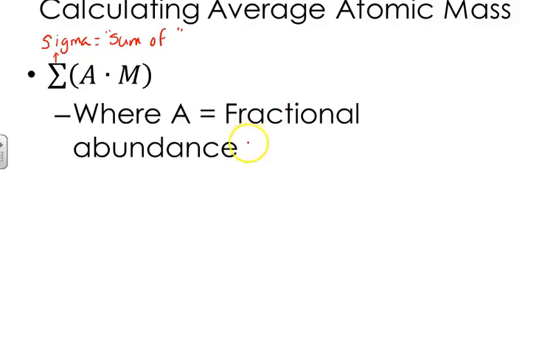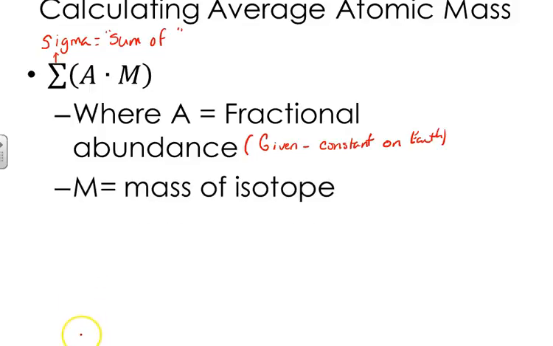A is the fractional abundance. This has to be, in most cases, given, and it is constant on Earth. M is the mass of the isotope, and we'll do this in AMUs.